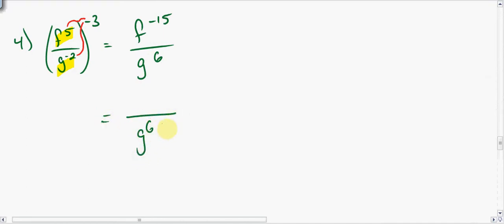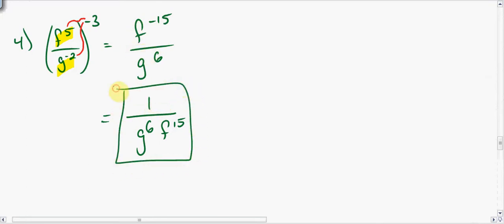That g to the 6th power stays in the denominator. This f has a negative 15th power though, so we have to make that positive. I'm going to grab this guy and drop it down to the denominator, and then the exponent turns positive. Remember, when we pull an entire numerator out, we have to replace it with the number 1. So our final answer is 1 over g to the 6th, f to the 15th.